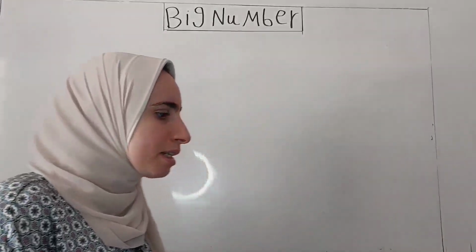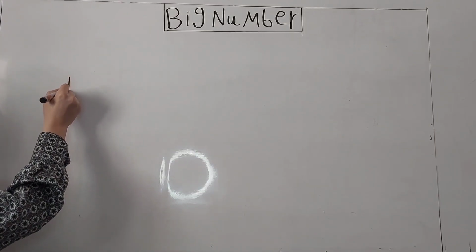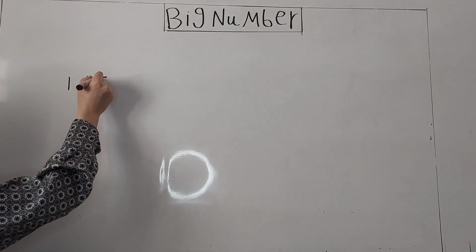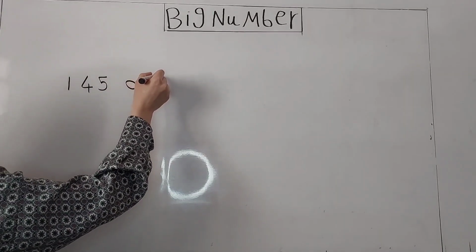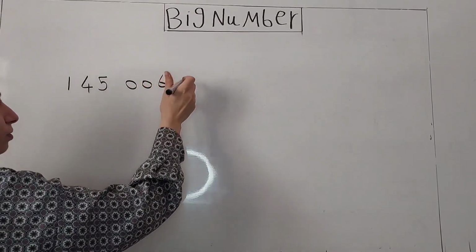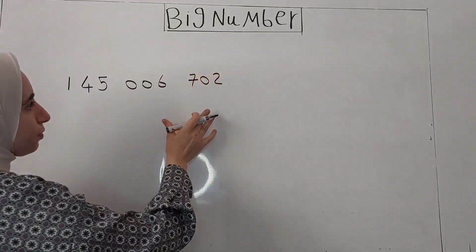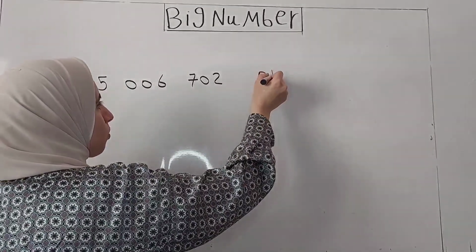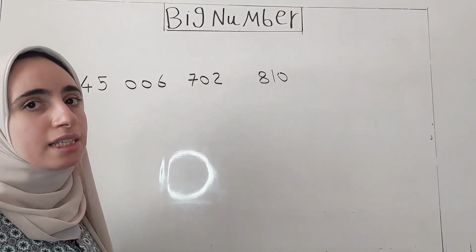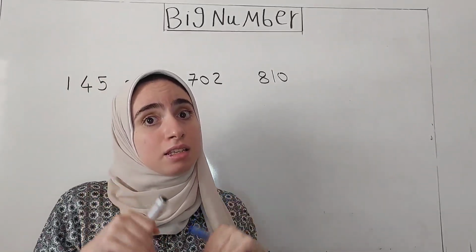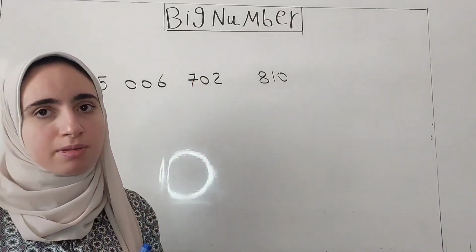Let's take these big numbers: 1, 4, 5, 0, 0, 6, 7, 0, 2, 8, 1, 0. The first topic in this lesson is how we can read these big numbers.